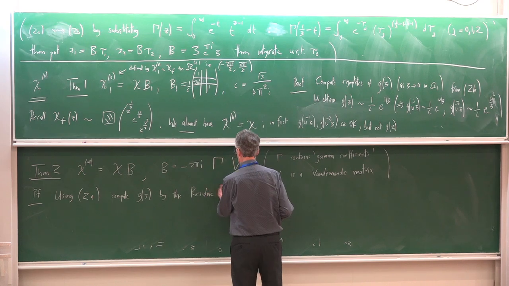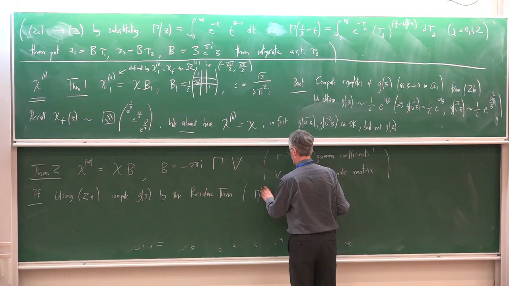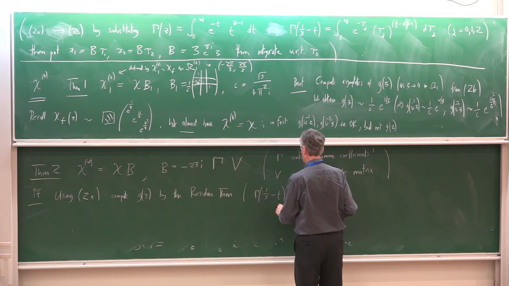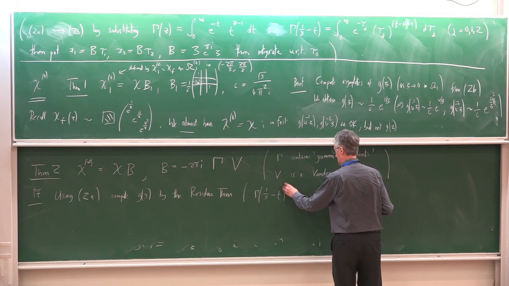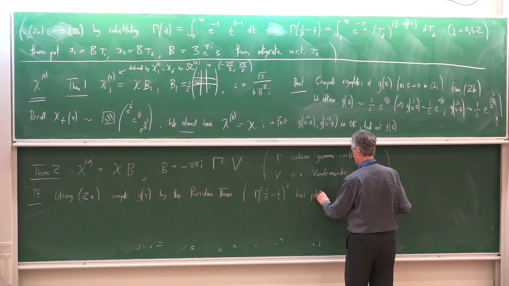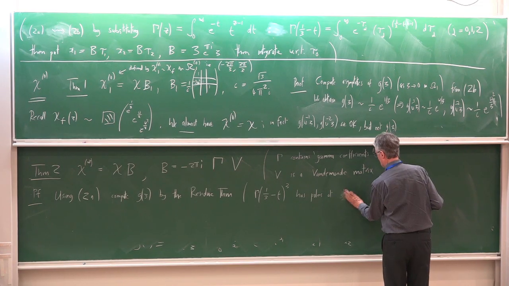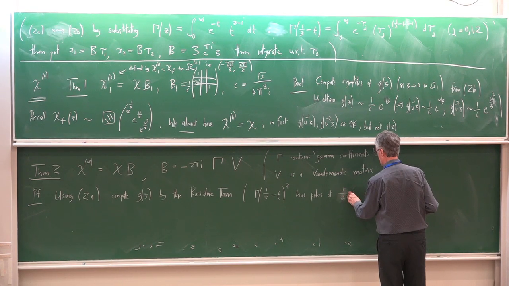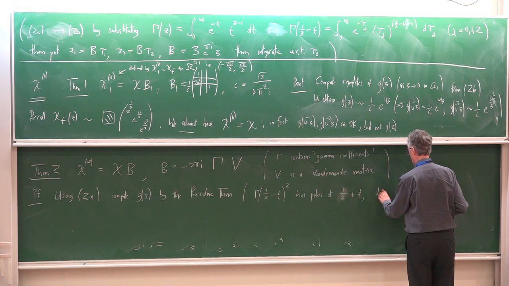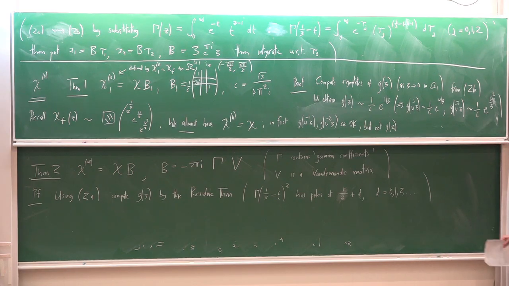Because the gamma function has poles, right? So gamma of 1/3 minus t, well, we have the cube of that, has poles at which points? Well, 1/3 plus d. So you can make a picture like this.